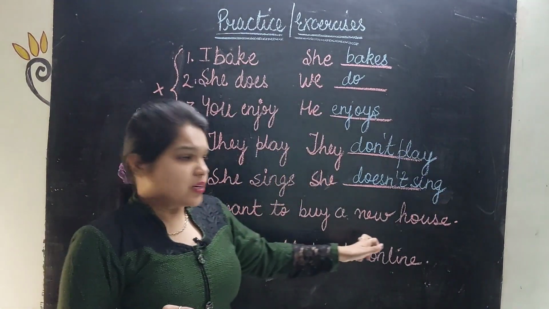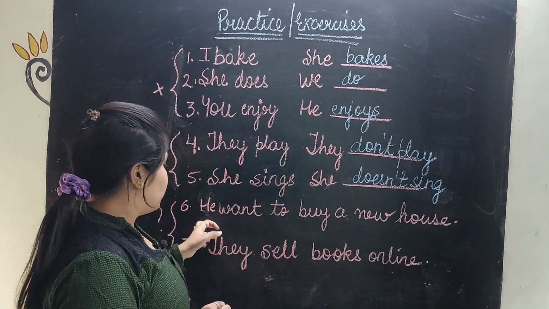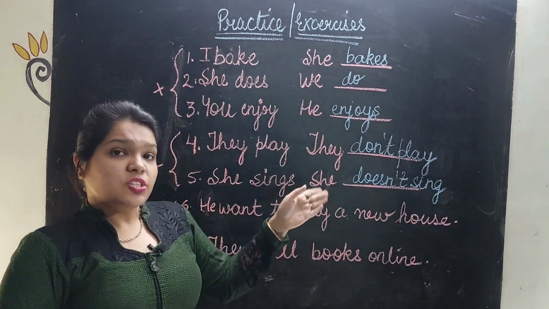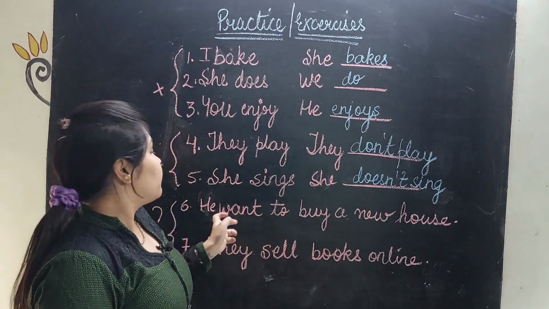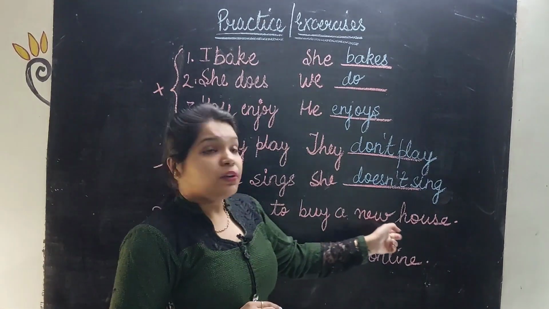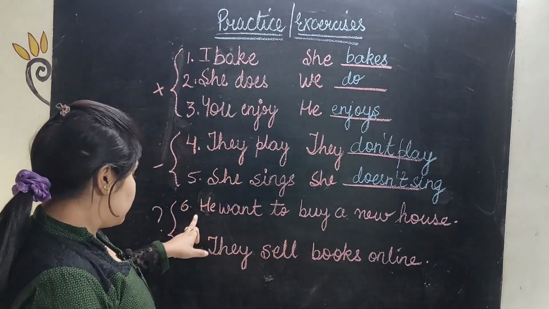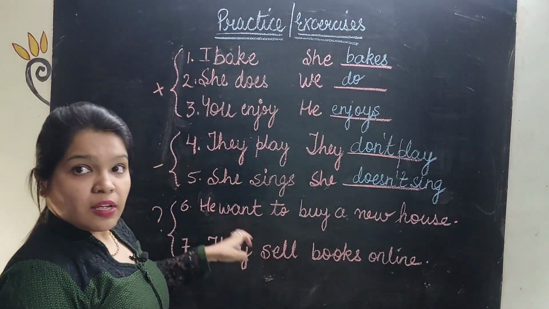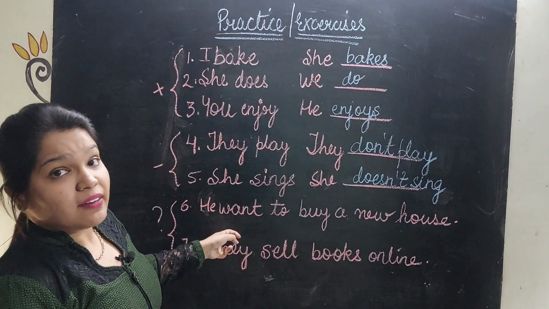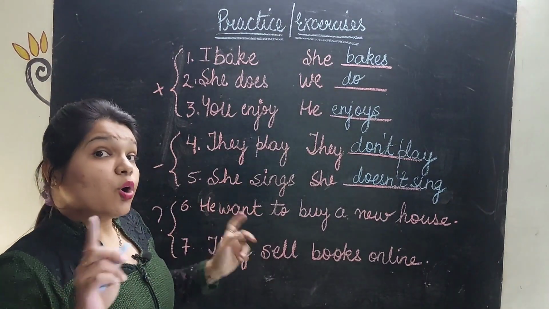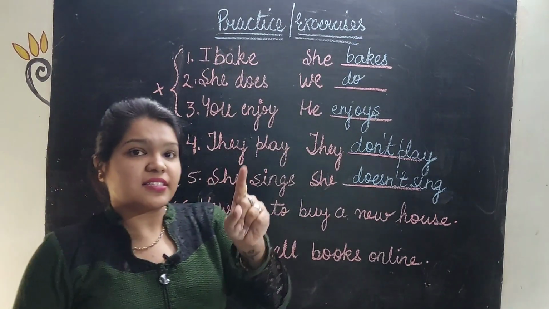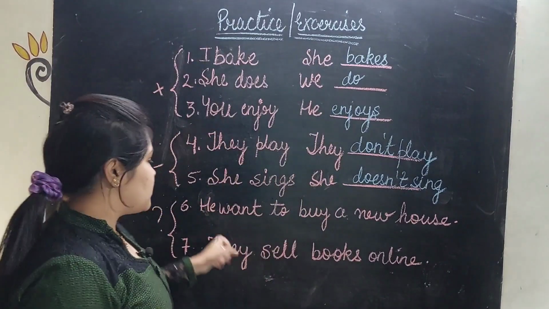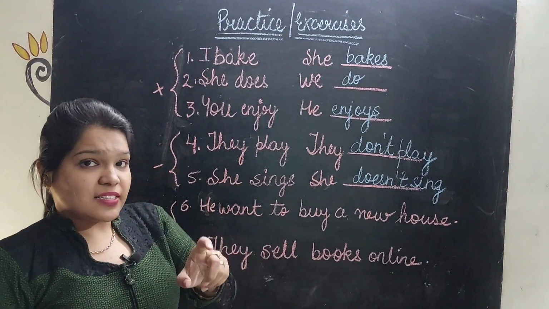Now this one is the interrogative, meaning the question one. You have to change it into a question form. He wants to buy a new house. Now with he, what will you write? Does or do? He, she, it does. I, you, we, they do. Correct. So with he, does.